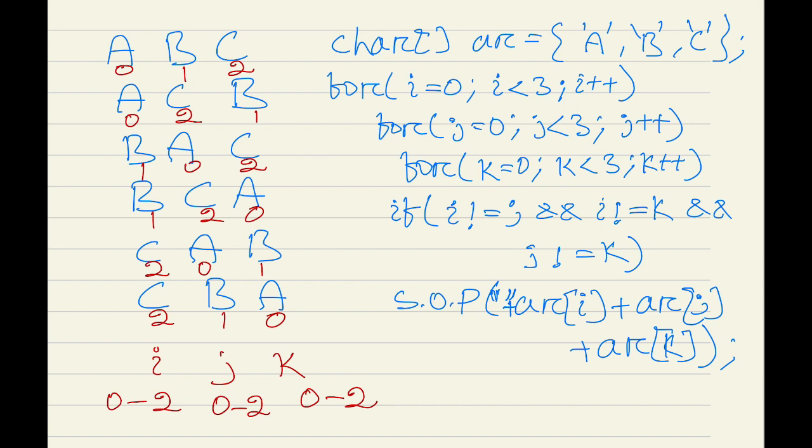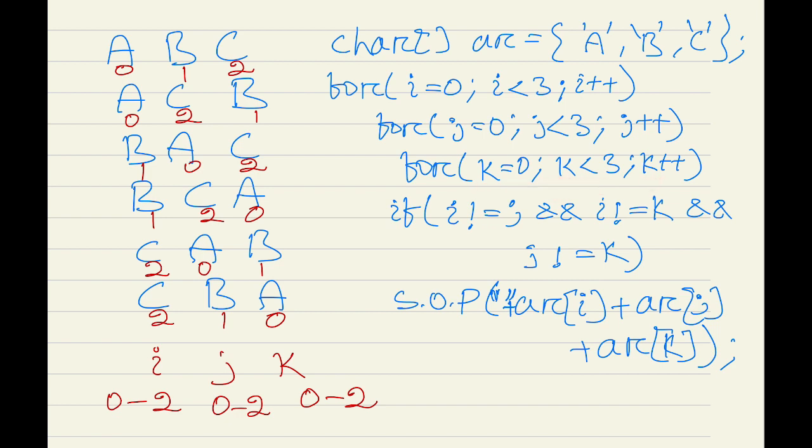Similarly, if 2 characters are there, initialize this with 2 values and write 2 for loops, and the for loop for k is not required if 2 characters are given. Similarly, if 4 characters are given, write one more for loop here, for m equal to 0, like this.